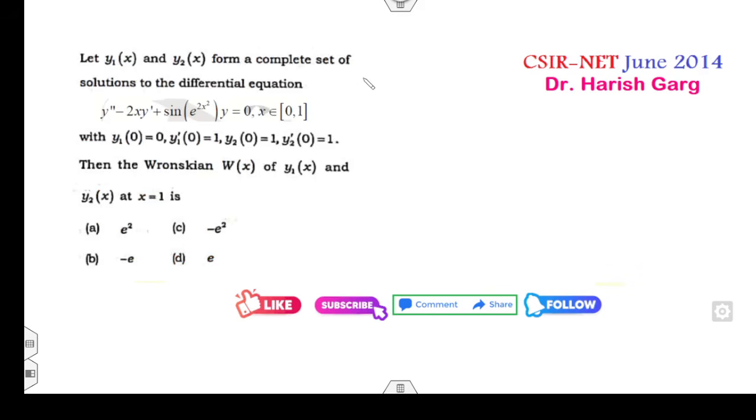y1 and y2 are the solutions of the differential equation 2xy' + sin(e^(2x²))y. ओके, यहां से फिर से आप Wronskian एट द पॉइंट 0 निकाल लेते हैं.